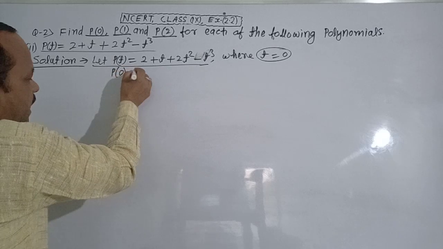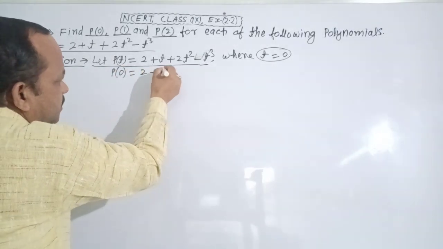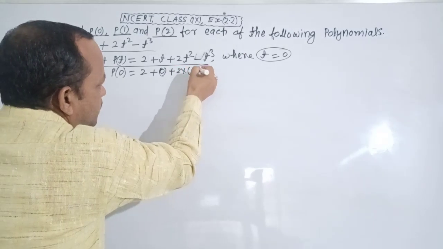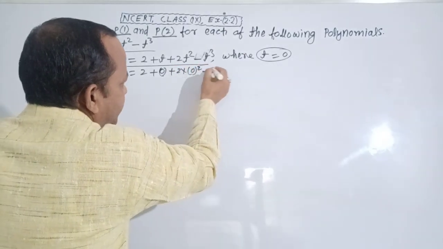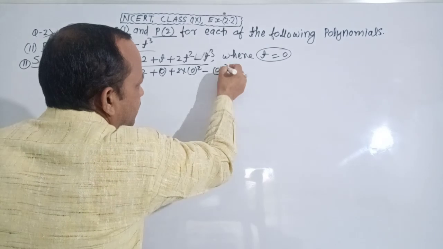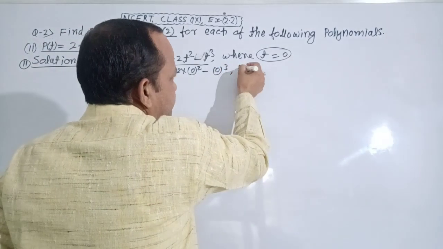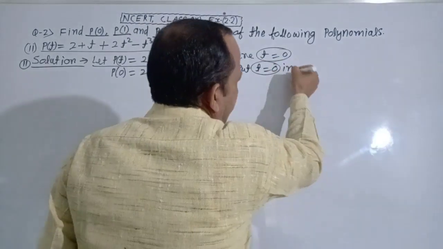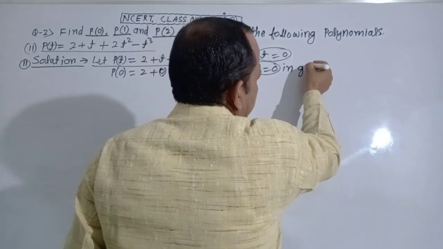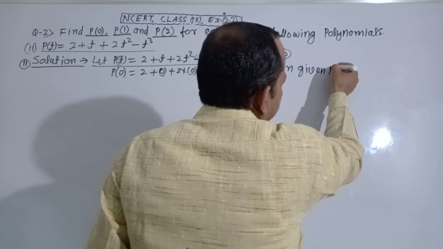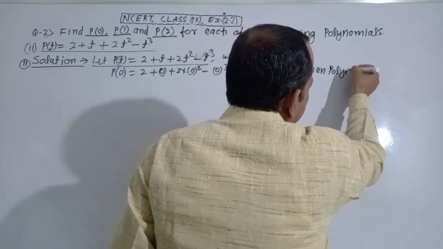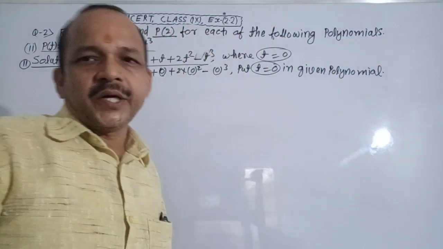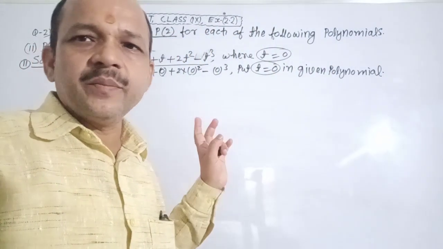p(0) equal to 2 plus 0 plus 2 multiplied by 0 square minus 0 cube. Put t equal to 0 in the given polynomial. It is clear? No confusion about it?